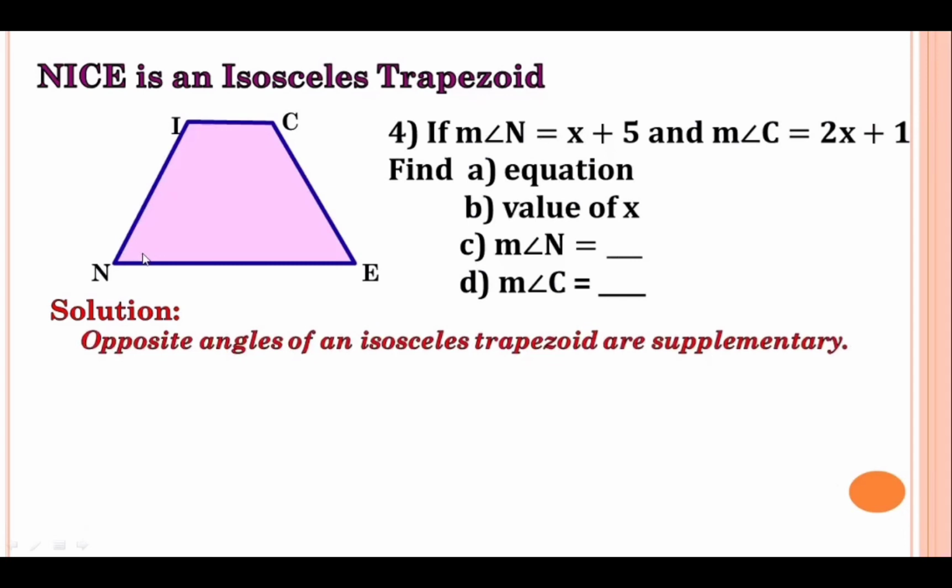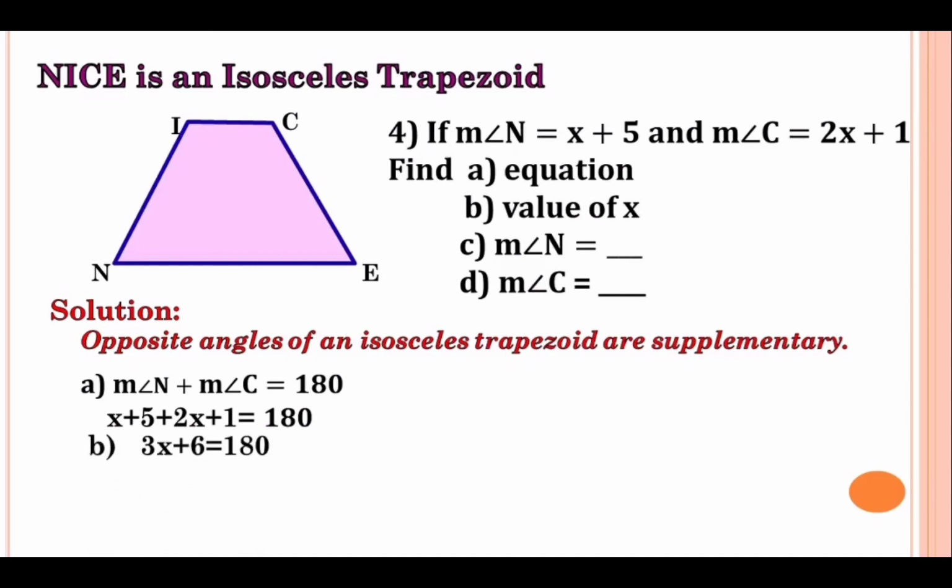And opposite angles of an isosceles trapezoid are supplementary. So, for our solution or equation, we have measure of angle N plus measure of angle C equals 180. And x plus 5 plus 2x plus 1 equals 180.